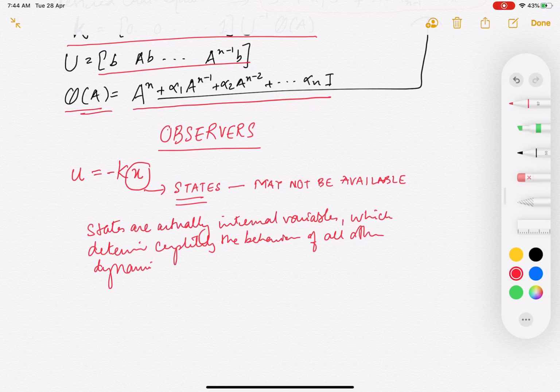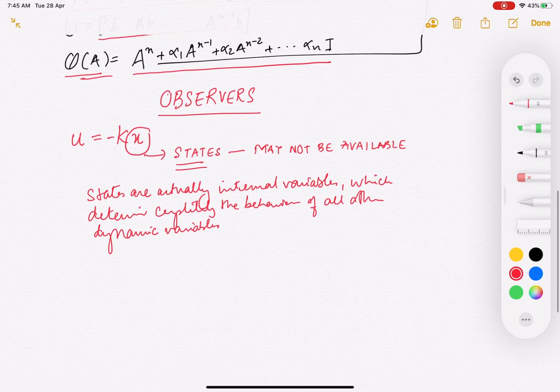As we saw in the beginning, when you defined states, they were a set of variables which you could use to find out any other dynamic variable of the system at any time if you knew the states and you knew the initial conditions and you knew the input that you're applying to the system.